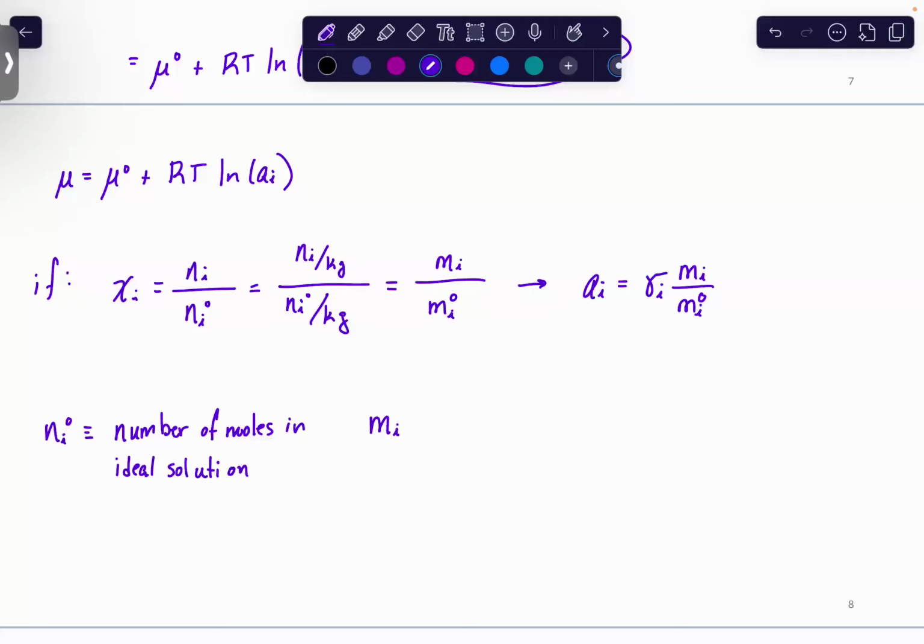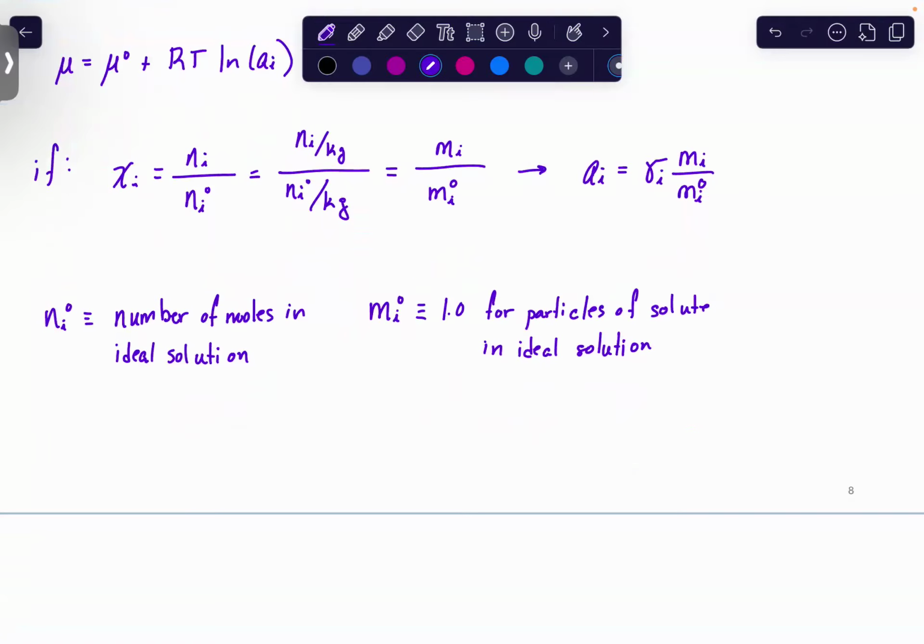And then, of course, your standard state molality is going to be 1 for particles in an ideal solution, which means that a more experimental way to think of activity is your activity coefficient times the molality of the solution. So this is a different formulation that you could take into a lab and actually measure. We always like to give equations that can be verified experimentally. And so you can just take that and do that.